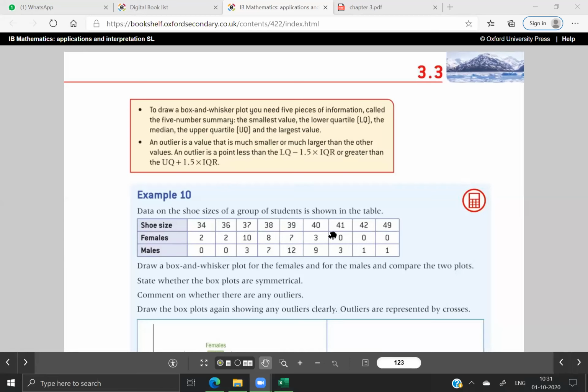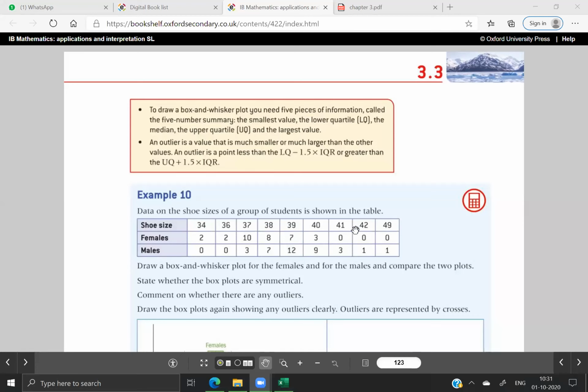So supposing I have all these values here, starting at 34, and you had a value which was 29, the lowest value, and it's very far from 34. So you can say 29 is the outlier for this particular example.